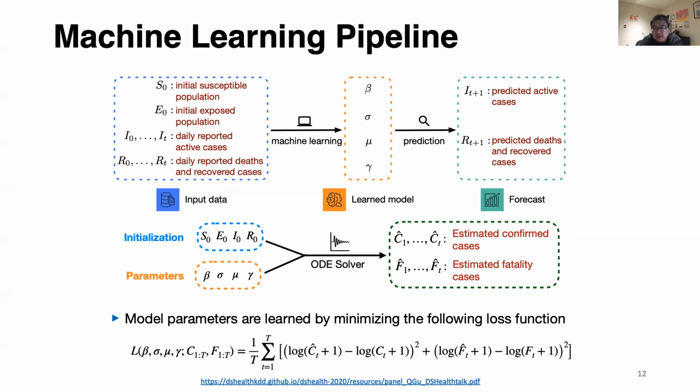Given all the initializations, I_t and R_t can be described as differentiable functions of all the parameters, and the model parameters can be optimized by minimizing the following loss function using standard gradient-based optimizers such as BFGS.